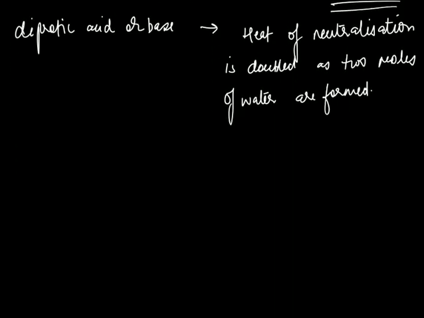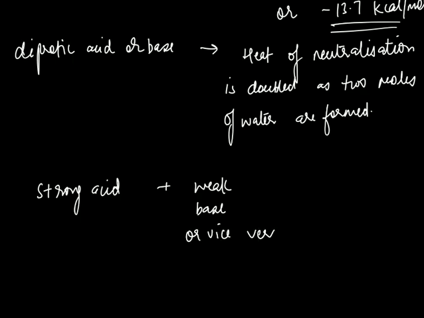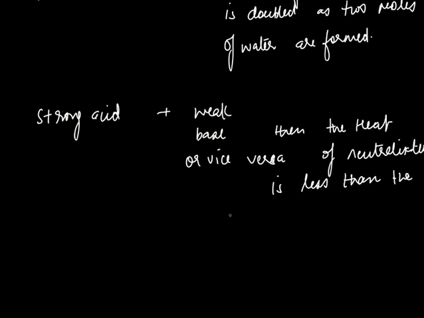Now apart from this, I want to explain one more thing. If you have a strong acid and a weak base, or vice versa, then the heat of neutralization is less than the value for strong acid and strong base.